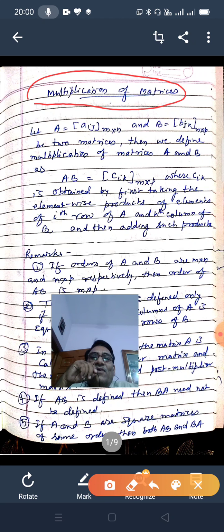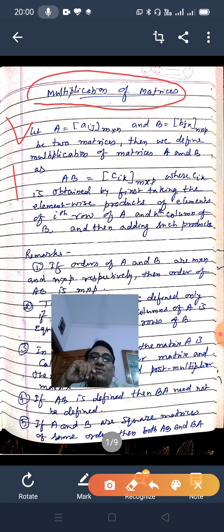Let the first matrix A be Aij, whose order is m cross n, and B be Bij, whose order is n cross p. These are two matrices. Then we define the multiplication of matrices A and B as follows.